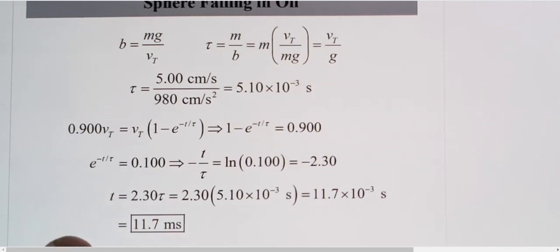Tau is always 0.63 of, not Vt, 0.63 of the time needed to reach terminal speed.